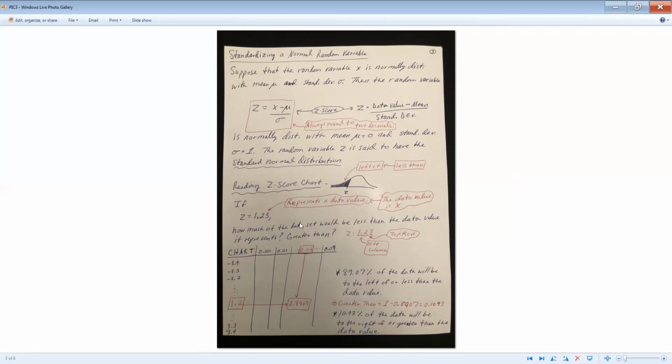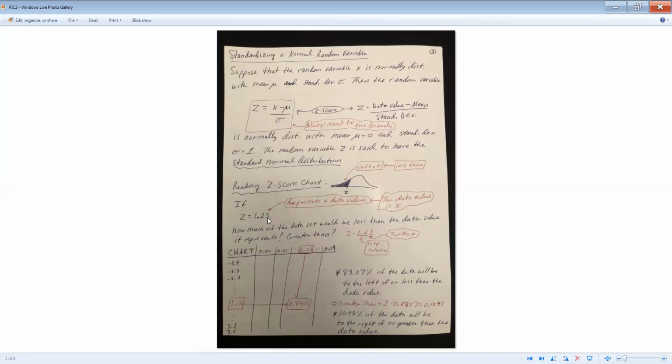So if I have 1.23, the way I would read it, I would look at the 1.2. That would be what's on the left column, 1.2. And then my hundredths place, which is 3, will be on the top row. And then I see where they meet, and that would be 0.8907. That's how we read the chart.